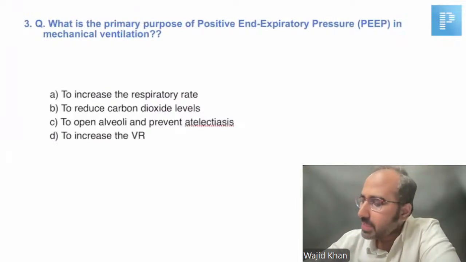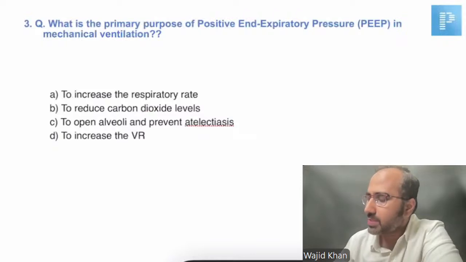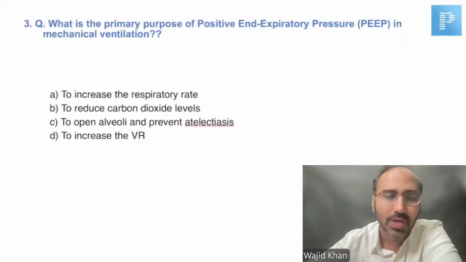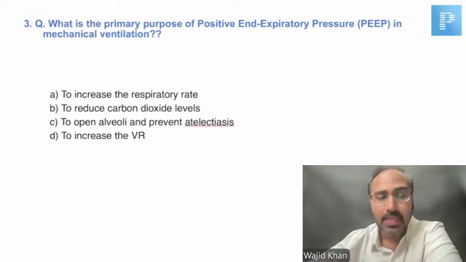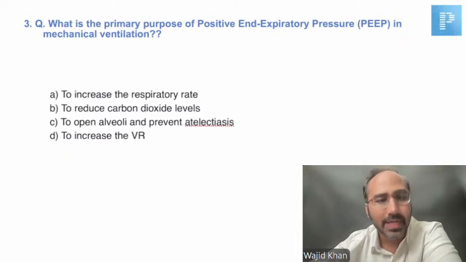What is the primary purpose of positive end expiratory pressure? That is also called PEEP. While we were discussing the ventilators and the management, there was a small topic called PEEP, positive end expiratory pressure.